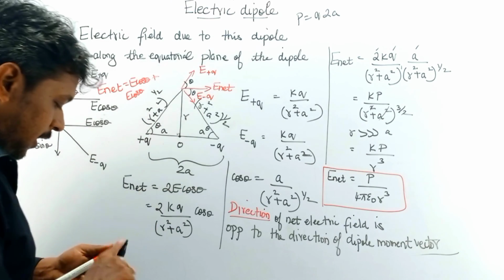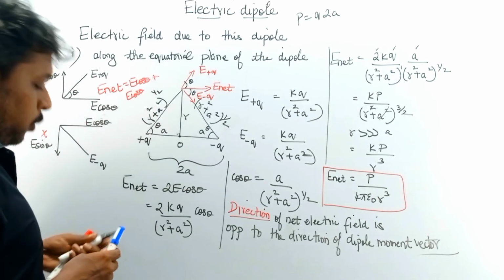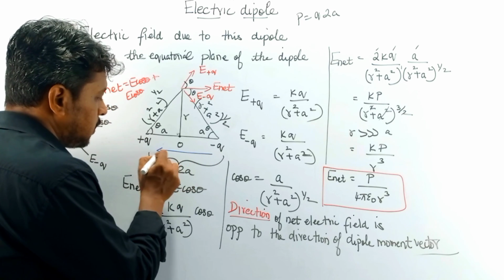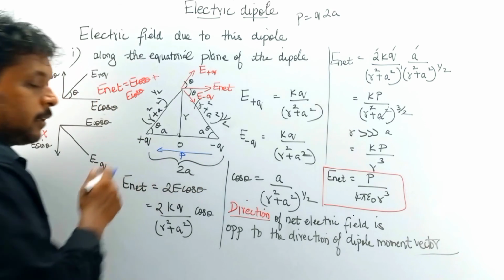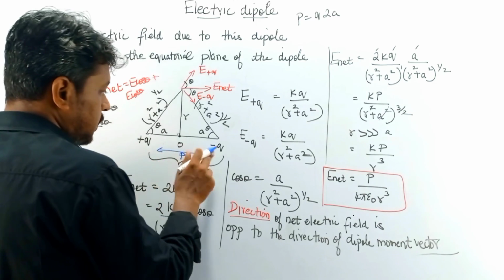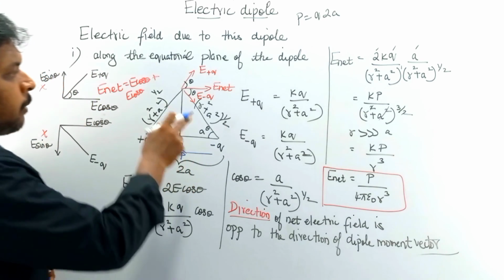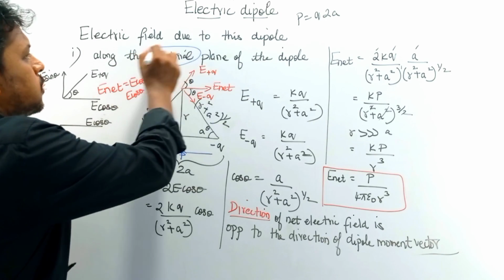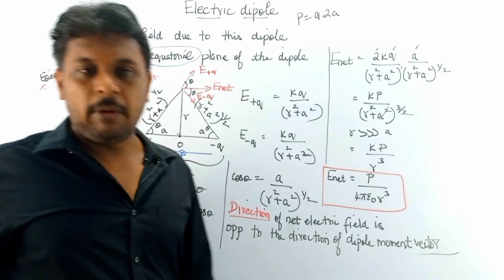The direction of the dipole moment vector is from minus q to plus q, in this direction. But the net electric field is in this direction, so it is opposite in nature when you consider the equatorial plane.